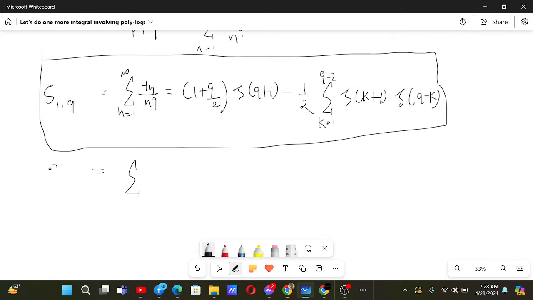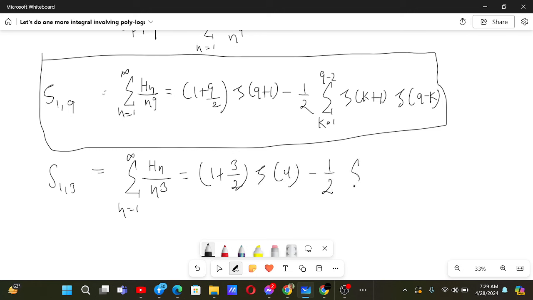So S of 1 comma 3, which is the sum from n equals 1 to infinity of Sn by n cube, is (1 plus 3 by 2) Riemann zeta of 4, minus 1 by 2 times the sum from k equals 1 to 3 minus 2, which is 1 itself, of Riemann zeta of k plus 1 and Riemann zeta of 3 minus k. Nice.